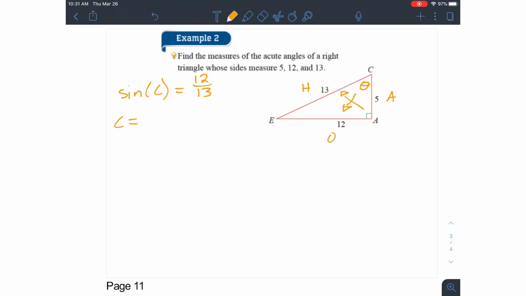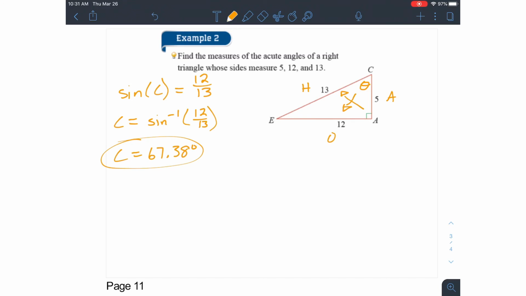So then C will be equal to the arcsine of that, and then putting that into the calculator, we get 67.38 degrees. So that takes care of one of the angles.